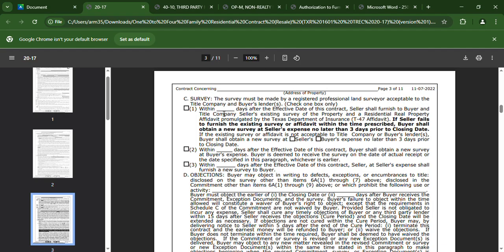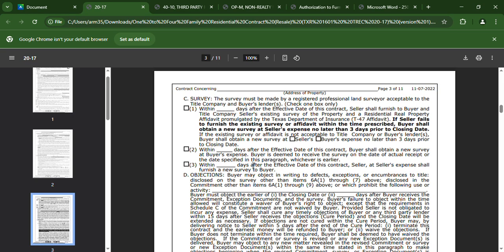Survey: if you are getting a survey, which we will be, and we recommend that you do, this will be the number of days to get the survey from the original survey from the seller, which is why I worded it like I was wording it.